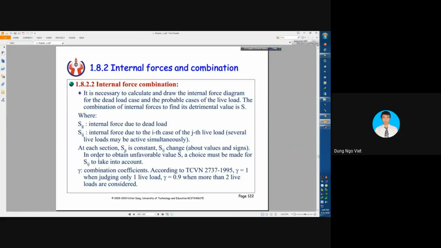So at each section, Sg is a constant value. However, as Sij changes in values and sign, in order to obtain the unfavorable value of S, a choice must be made for Sij to take into account.